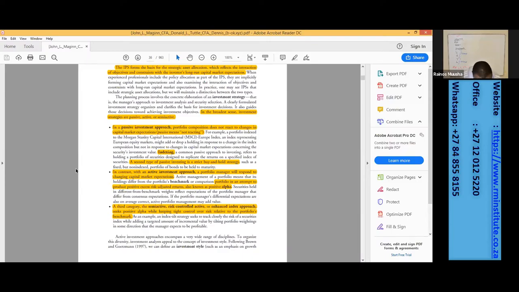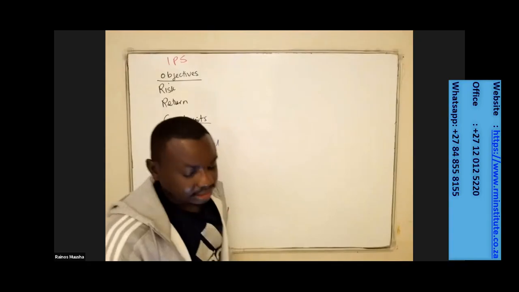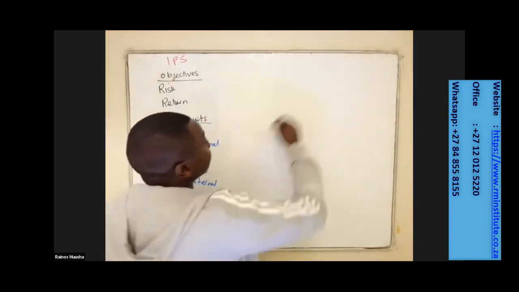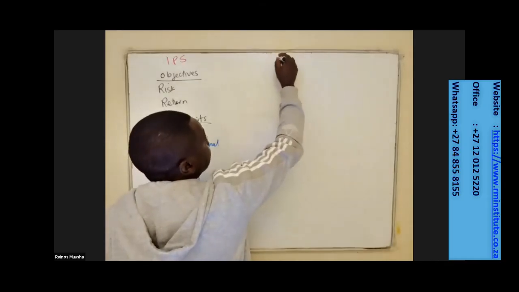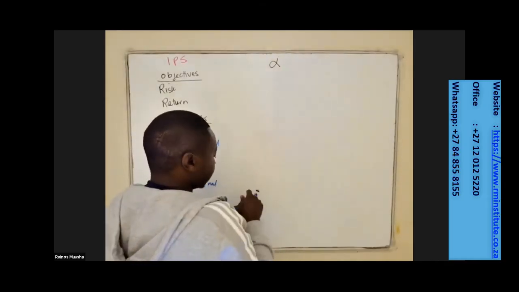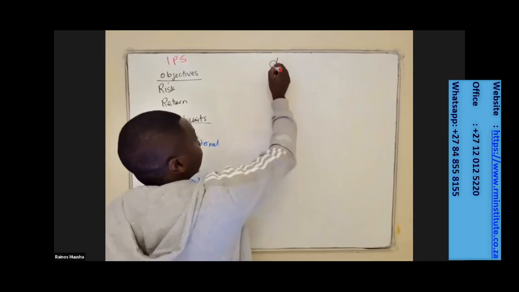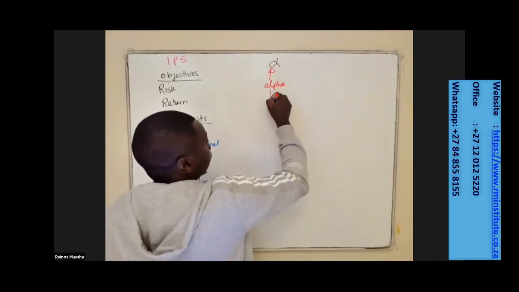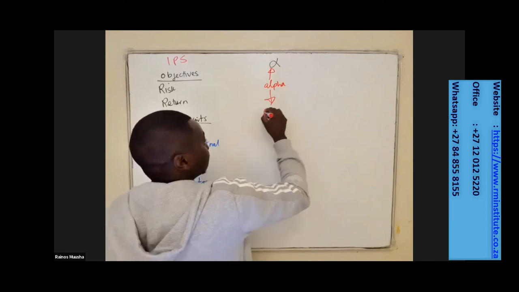So when it comes to the active investment approach, it basically means that the aim is to generate what they call alpha. So as a notation, alpha is like this, and this is what they refer to as the alpha return, and they also refer to it as your excess return.